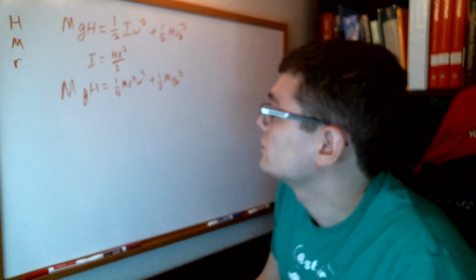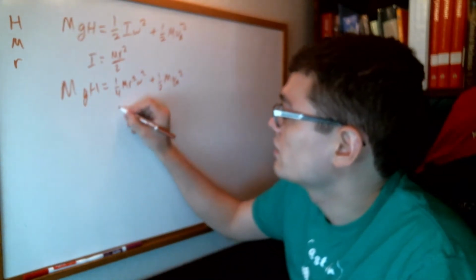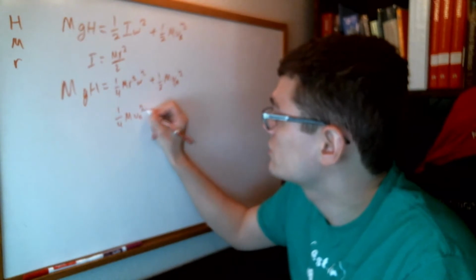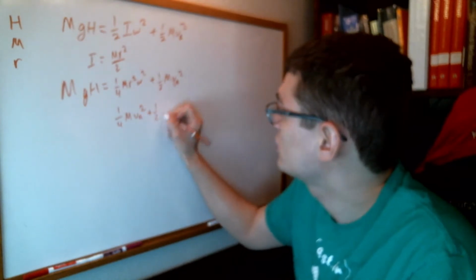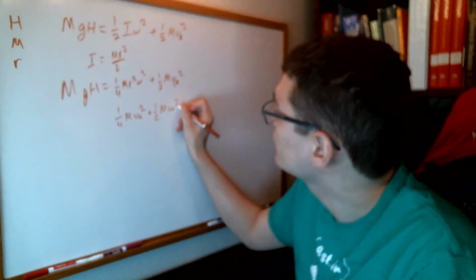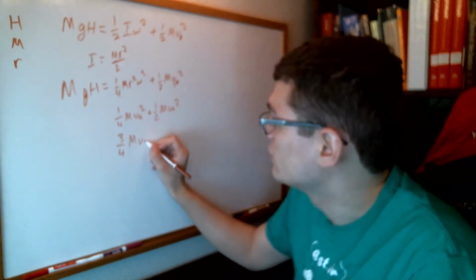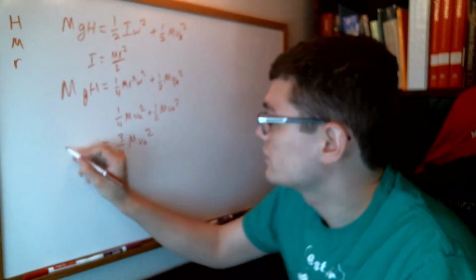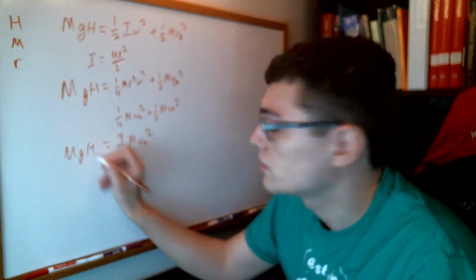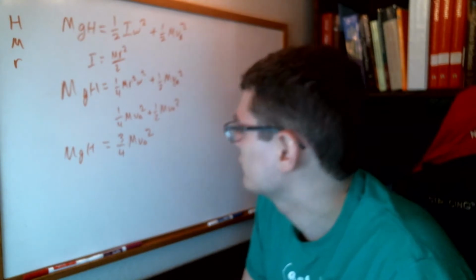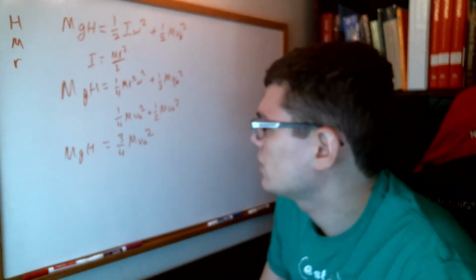Let's substitute in V_A here. So this is going to be 1/4 m V_A squared plus 1/2 m V_A squared, and this gives us 3/4 m V_A squared, which equals mgh. I believe that we're looking for v, so we'll get rid of the m's.